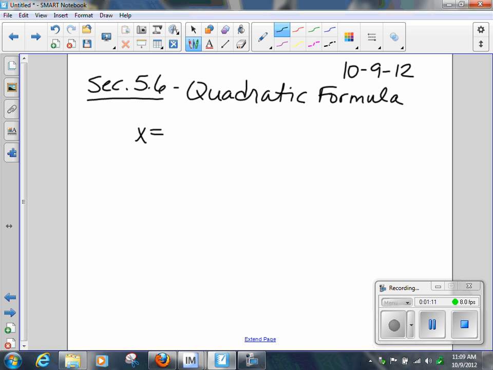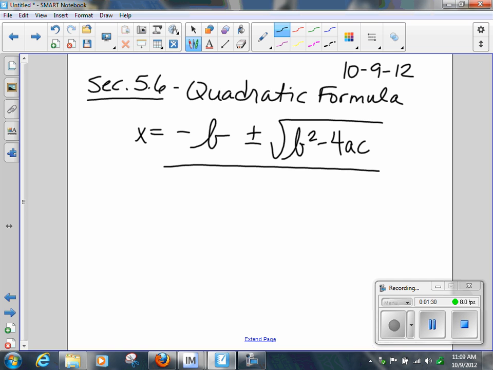X is equal to, because we're solving for those solutions, those x-intercepts, those roots, those zeros, negative b plus or minus the square root of b squared minus 4ac, all of that over 2a. That's the quadratic formula, okay?